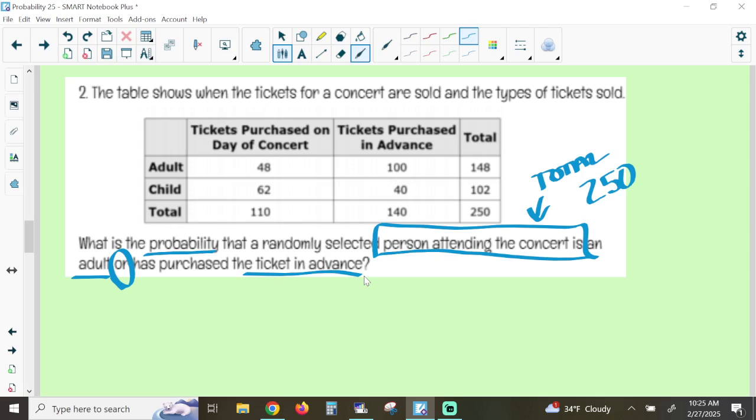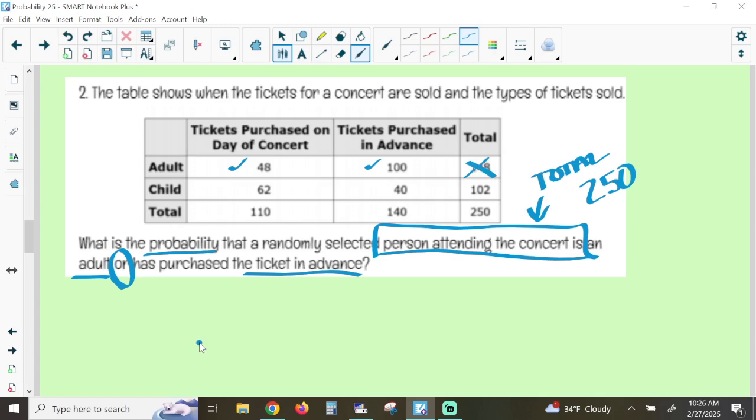Do I like the 48? Those are adults. Do I like the 100? Are those adults? Uh-huh. Do I like the 148? But do I need the 148? I don't, because why? That's those people right there. So don't double count. Don't take the totals. I already said the 48 and the 100, so stay away from the totals, okay?